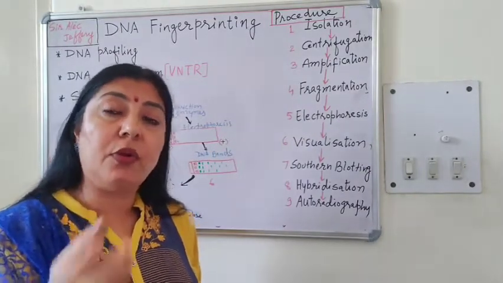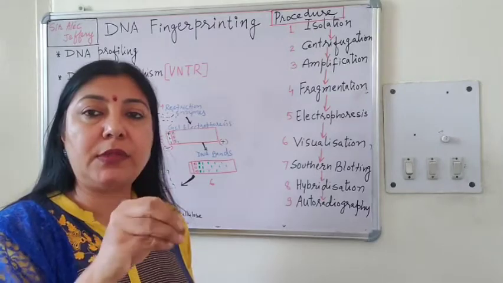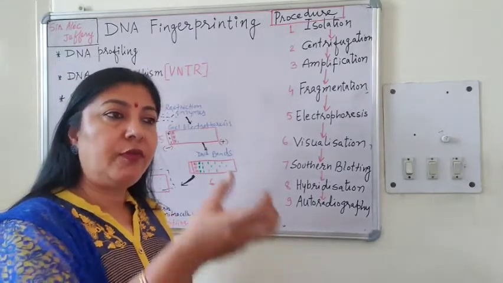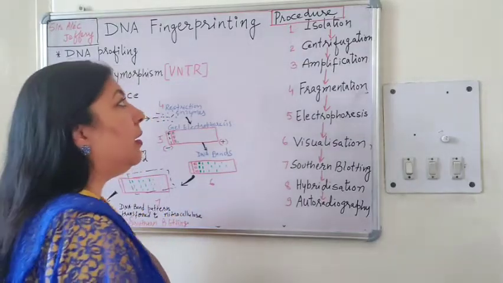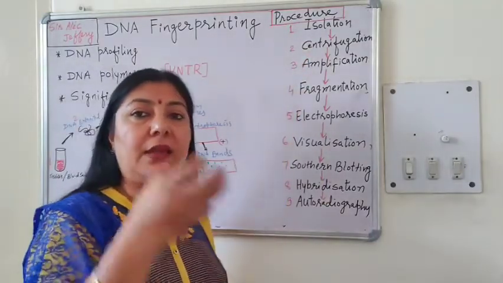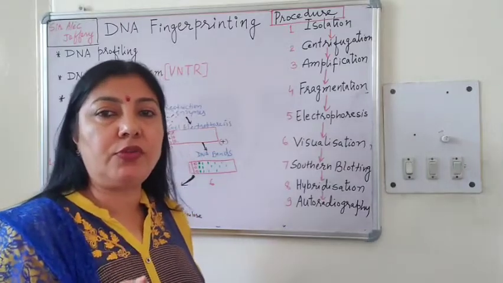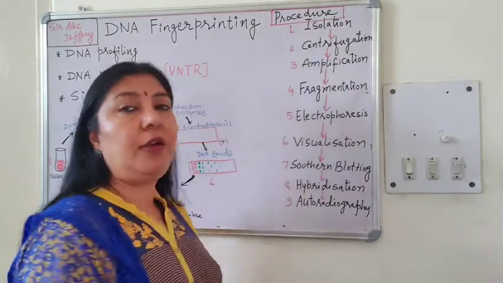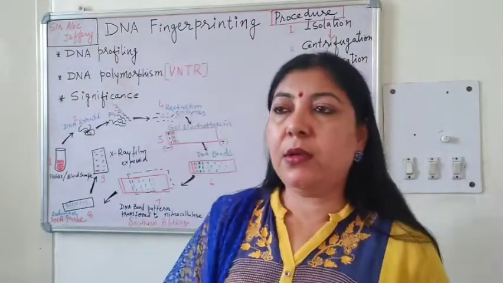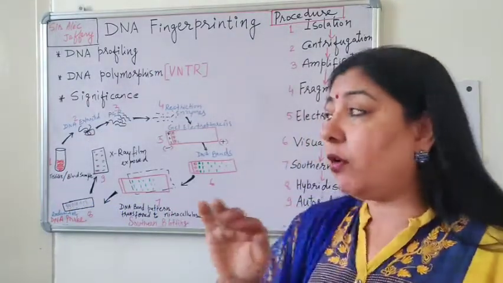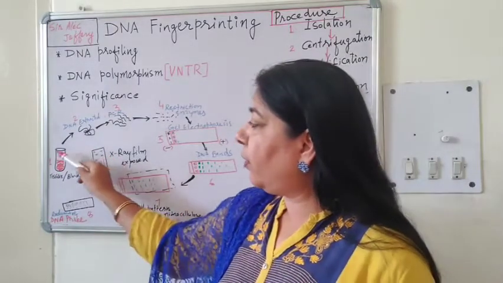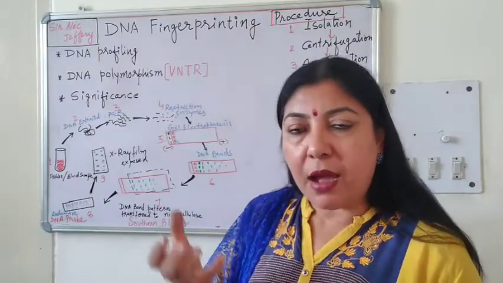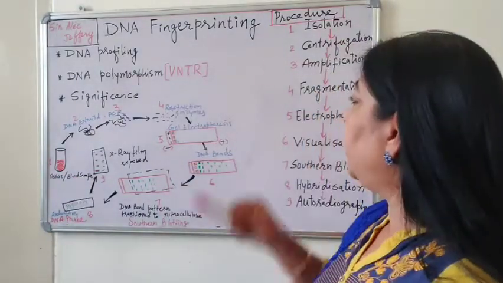Isolation of the tissue from the crime site or from a suspected person. Okay, so first it is isolated. Then after isolating and collecting that particular tissue or the blood, it is subjected to centrifugation. Centrifugation means separation of DNA from the tissue. Here you can say this is the first step where tissue or blood samples are collected or isolated.